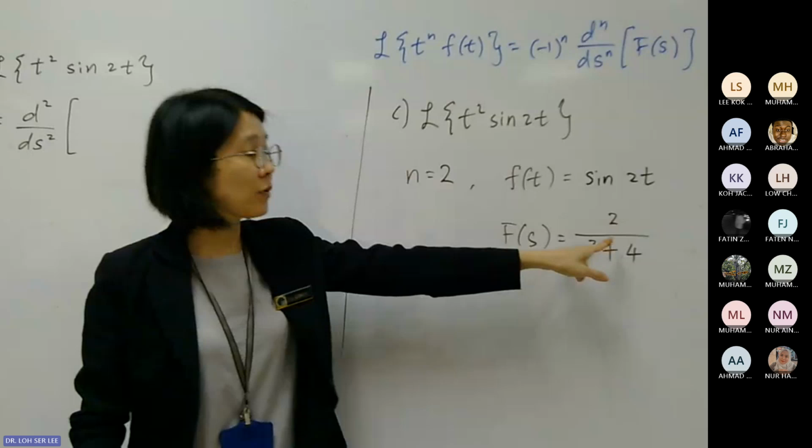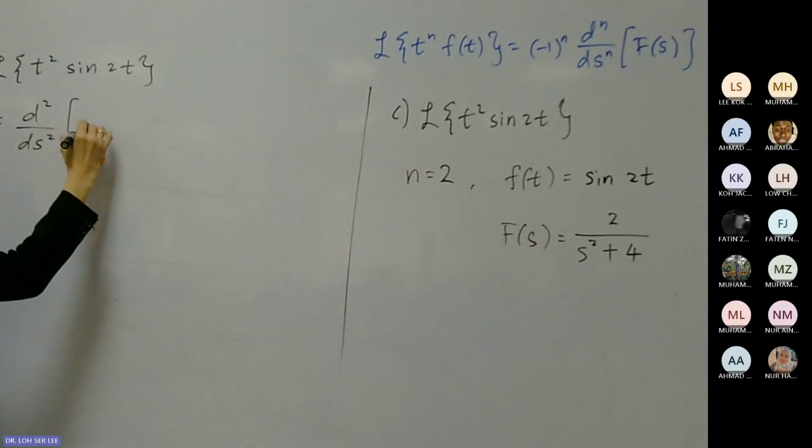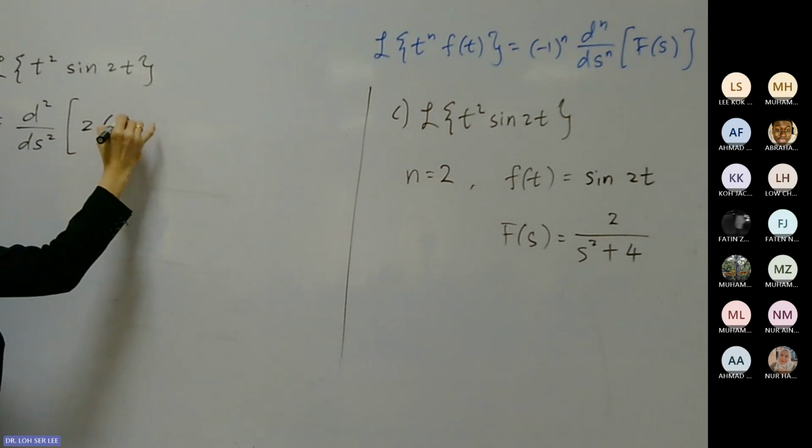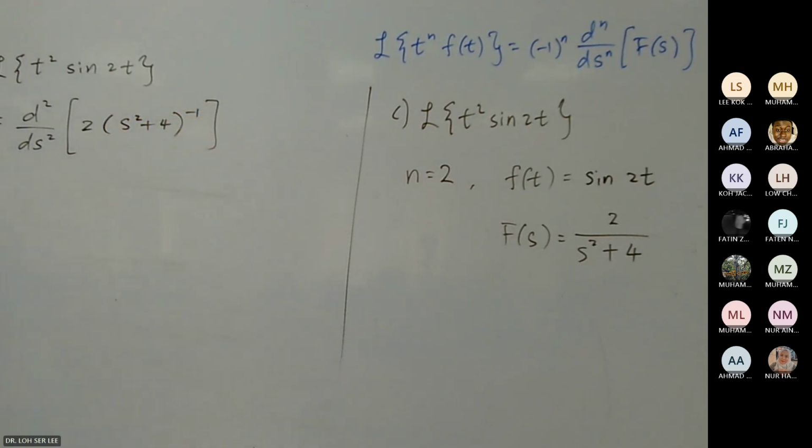This function, we do not have s at the top, so we can write it in this form, 2 times (s squared plus 4) to the power -1. Easier for us to do the differentiation, since we do not need to apply the quotient rule. No s at the top.